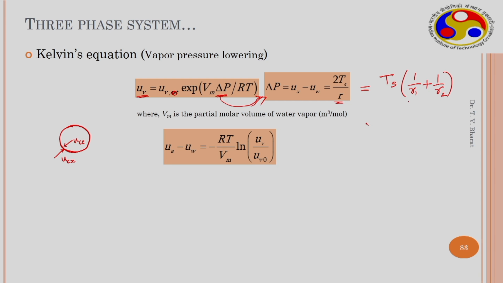So this is the Young-Laplace expression. If this becomes spherical, that means R1 and R2 are one and the same, then this boils down to the Laplace expression 2 Ts by R.